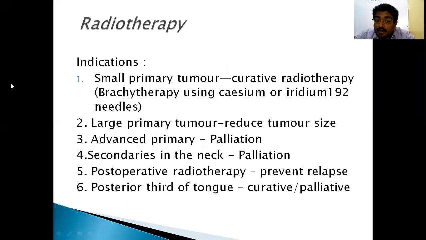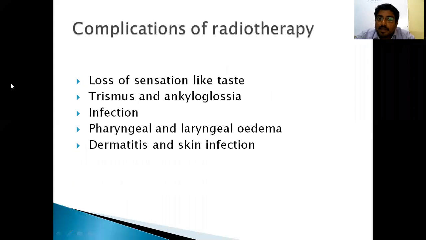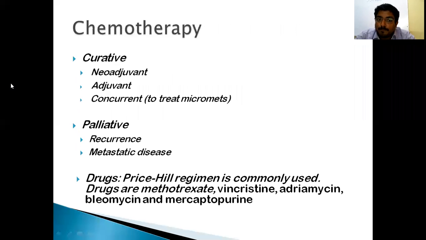For the posterior third of the tongue, it is curative or palliative. Complications: loss of sensation like taste, trismus and ankylosis, infection, pharyngeal and laryngeal edema, dermatitis, and skin infection. And chemotherapy: curative, neoadjuvant, adjuvant, concurrent, and palliative for recurrent and metastatic disease.